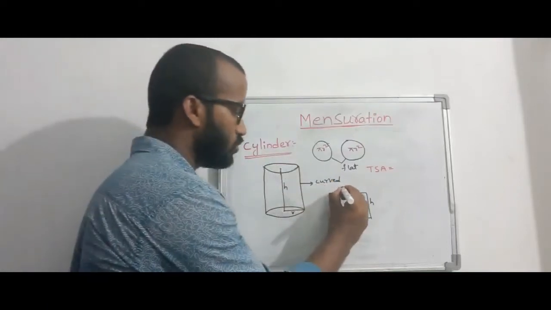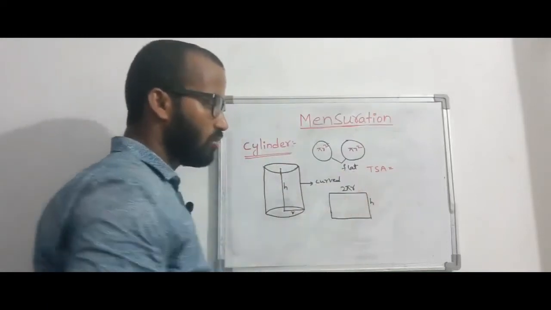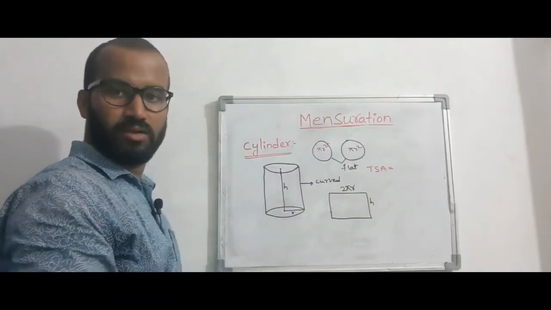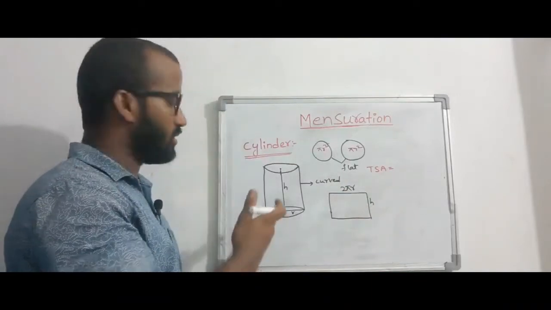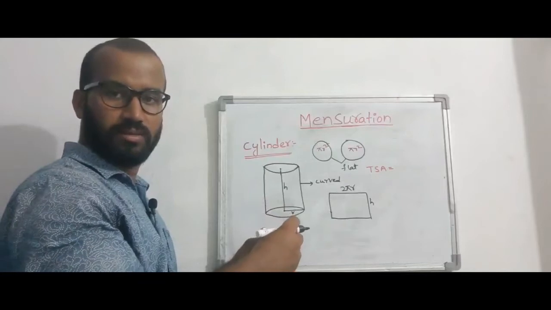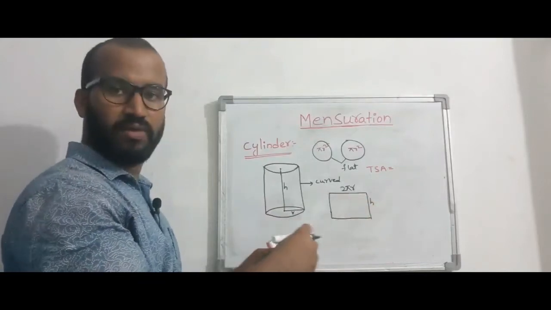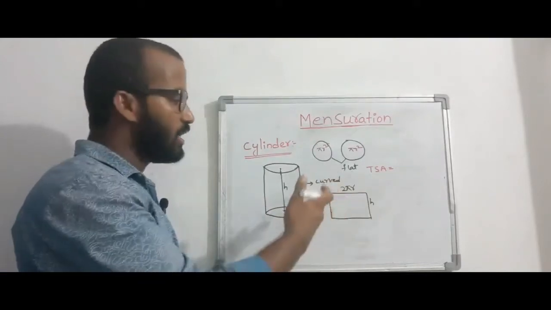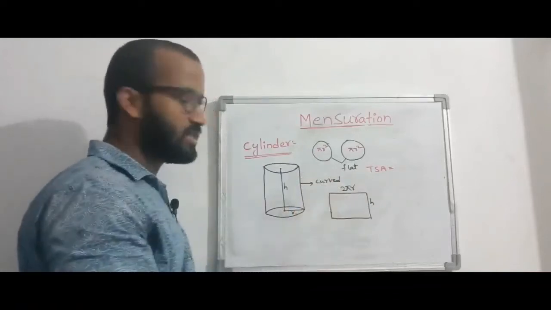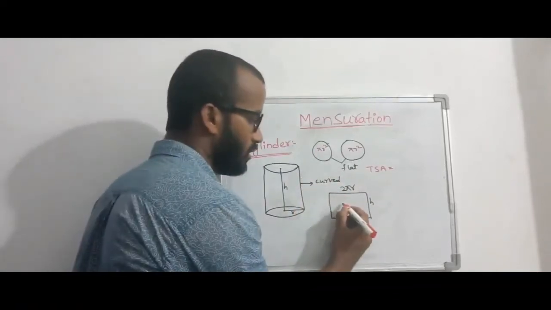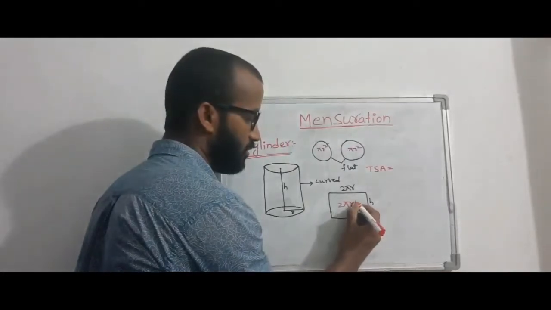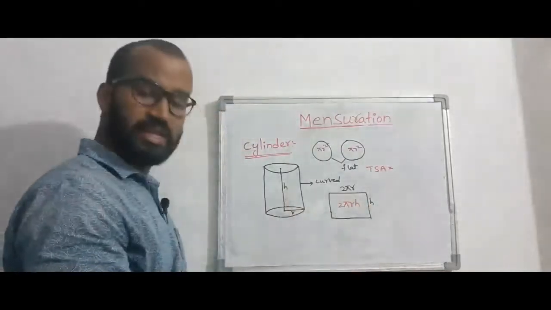So what is the circumference? 2 pi r. Okay, now this is a rectangle. Then what is the area of this rectangle? 2 pi r h.